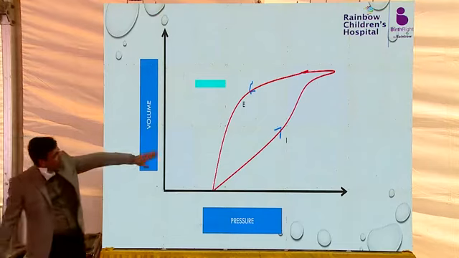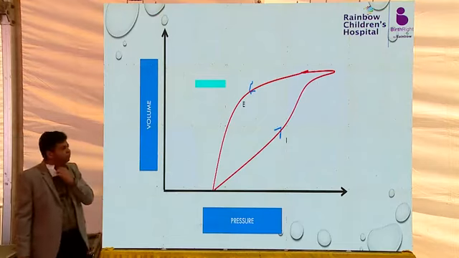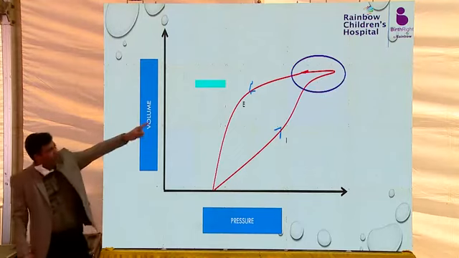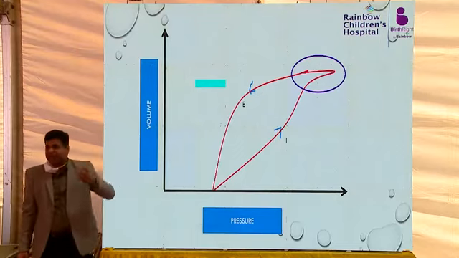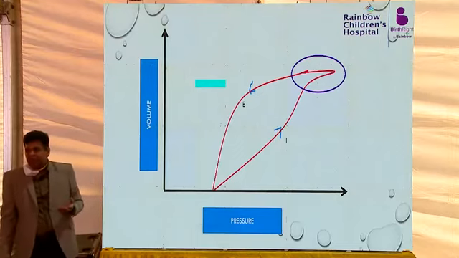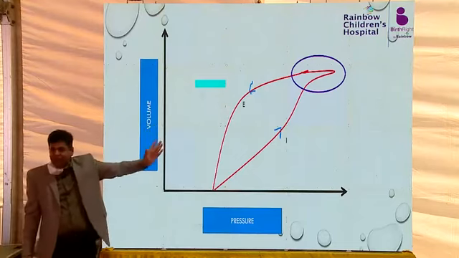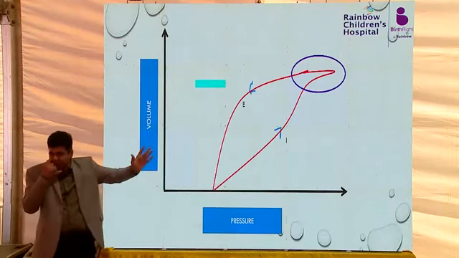Okay, what is happening here? Anybody? Look at that circle. Anybody? PIP is more. So that's what is happening in the beaking. In the last part of the PIP, suppose I say that PEEP is 6 and PIP is 25.